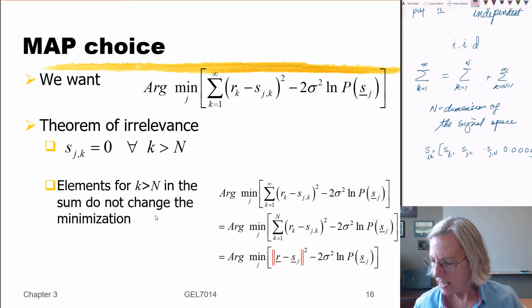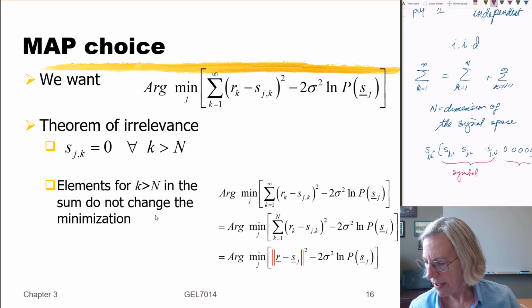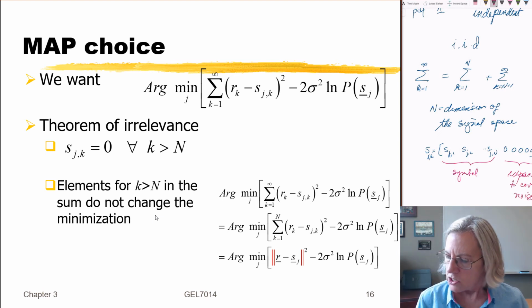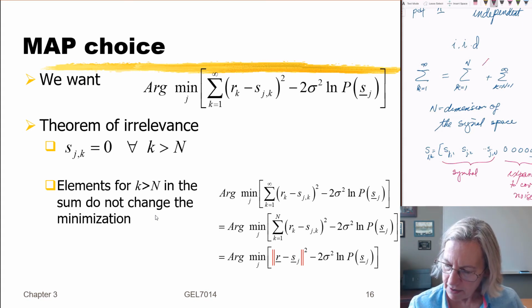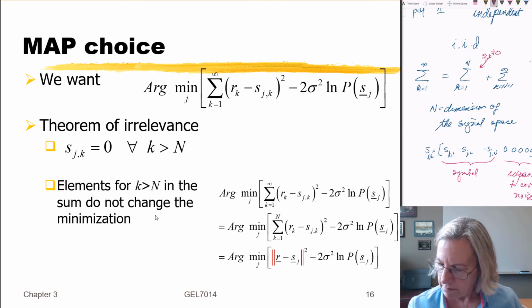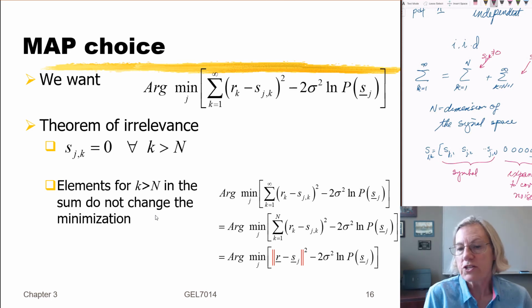So this is part of the symbol space, and this is the expansion to cover noise, but of course the symbols are not in that part. So all that means is that when I break this sum up into two parts, here the s's are non-zero, but here all of the jk are zero by construction.